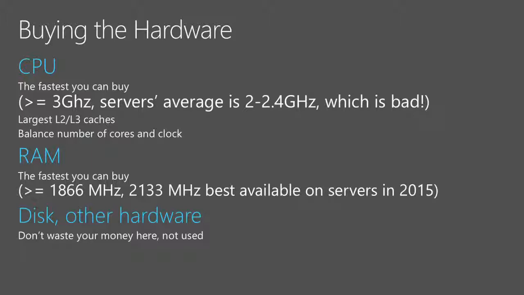Because the RAM is the other problem. Most of the servers have 1,300 or 1,600 megahertz of clock speed for the RAM, but modern servers can reach 2,000 megahertz. It's hard to buy a machine with this characteristic. You find very few machines that have these characteristics, but you can see the difference. Same model, different performances.